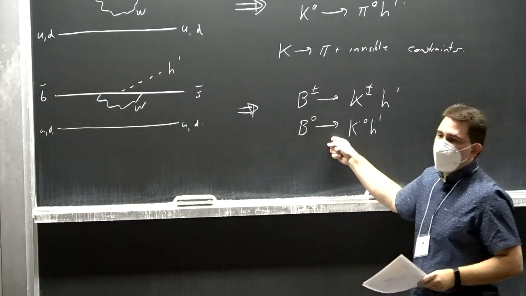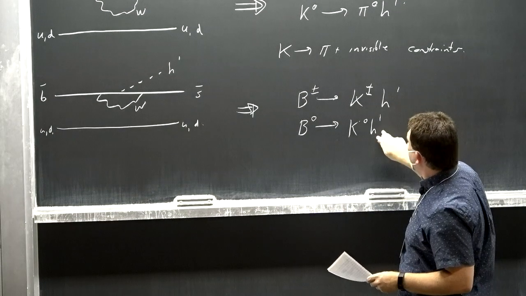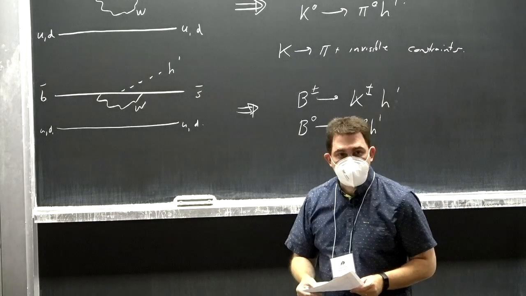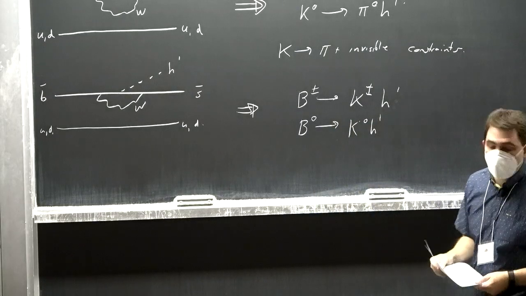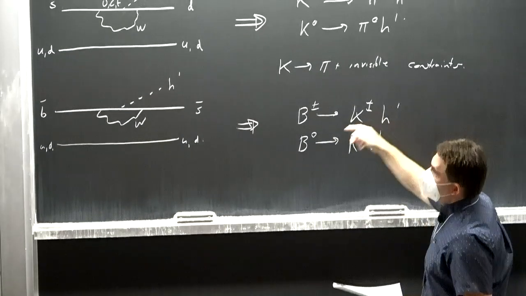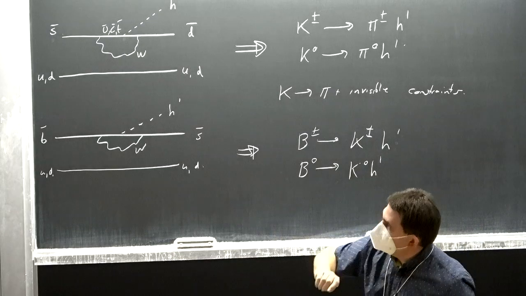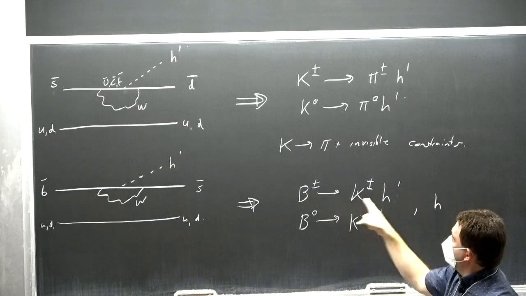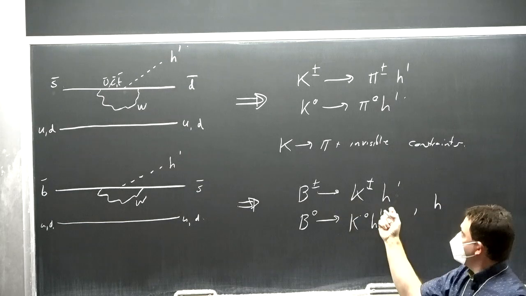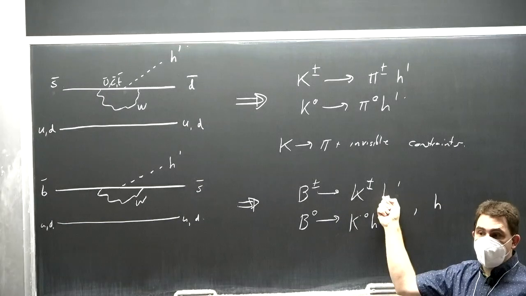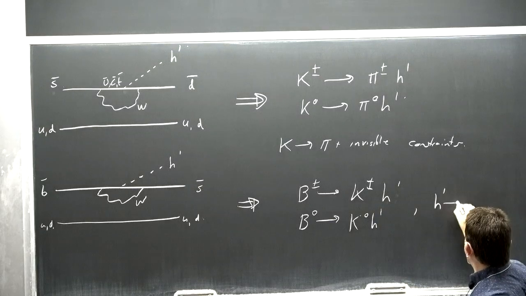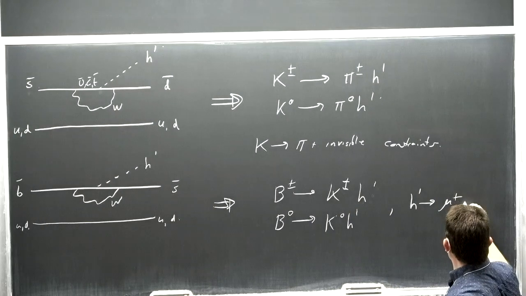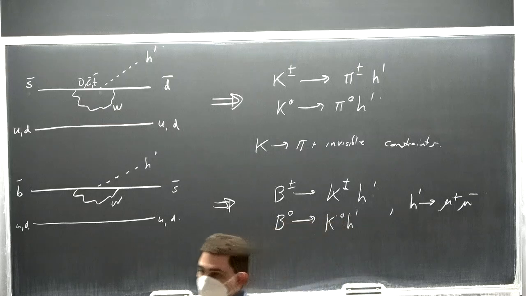And this is something that, depending on what the H prime does, can be searched for with high precision at LHCb, for example, at the Large Hadron Collider. Now, what's typically assumed is if you just have the Higgs portal and nothing else, then you would expect that in the mass range where this can happen, a good fraction of it has the dark Higgs mass above the muon threshold, in which case you can have a prompt decay of the dark Higgs to mu plus, mu minus. And that's actually the mode that I think people search for with the highest degree of precision.